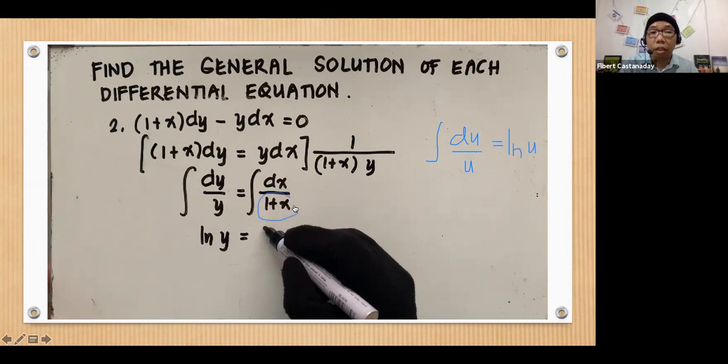So if this is the denominator, u equals 1 plus x, then the numerator should satisfy du. So I have, the derivative of this, 0 plus, it becomes just dx. So, satisfied naman. Okay? So we can apply the formula ln of u.